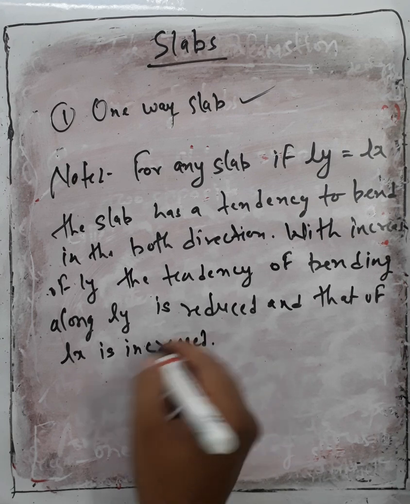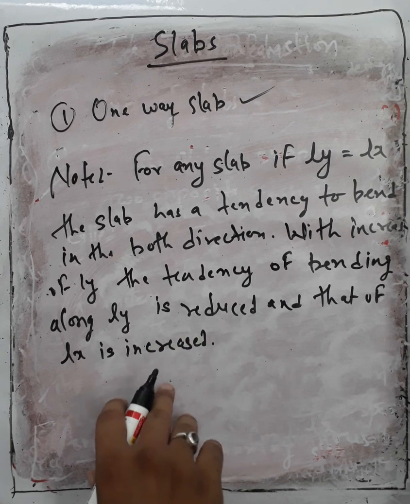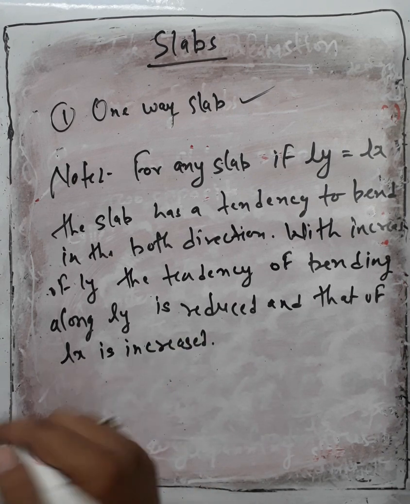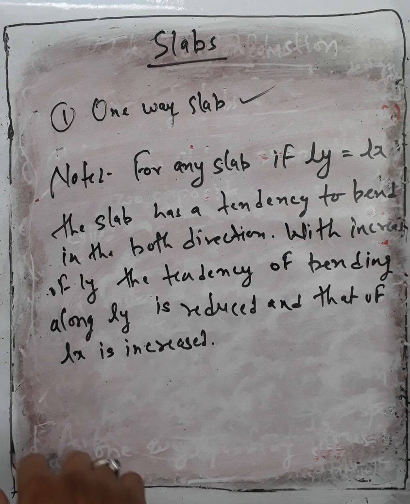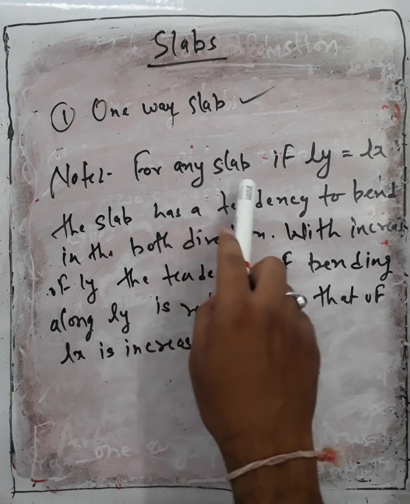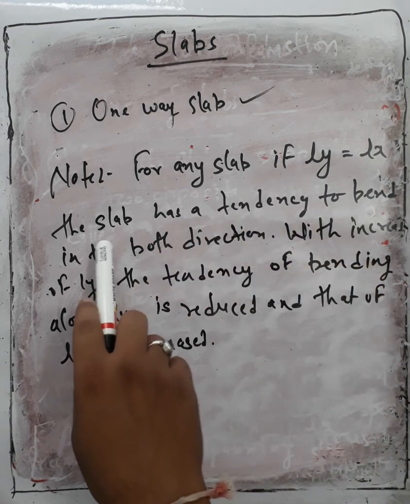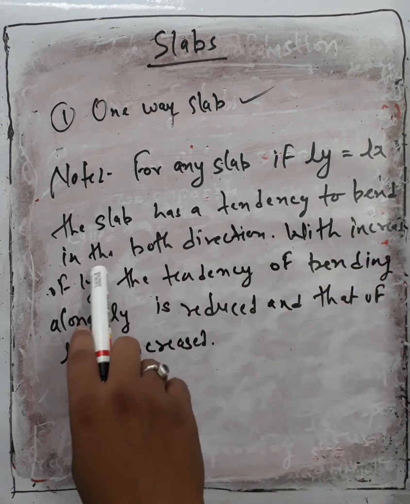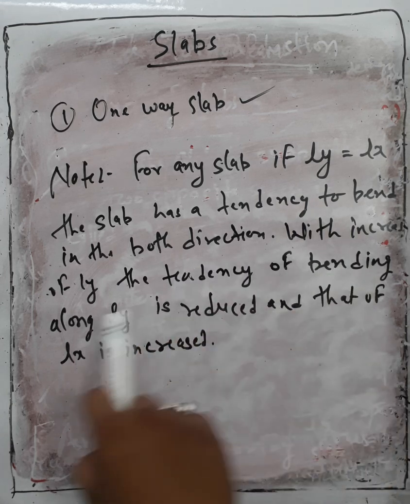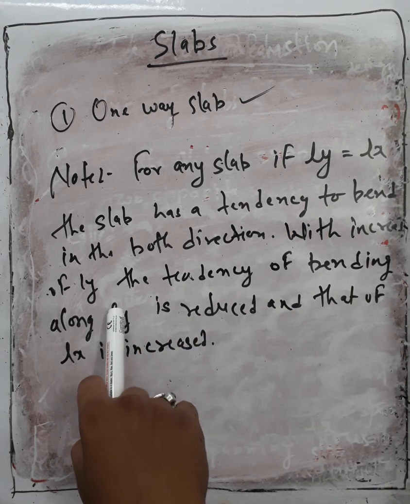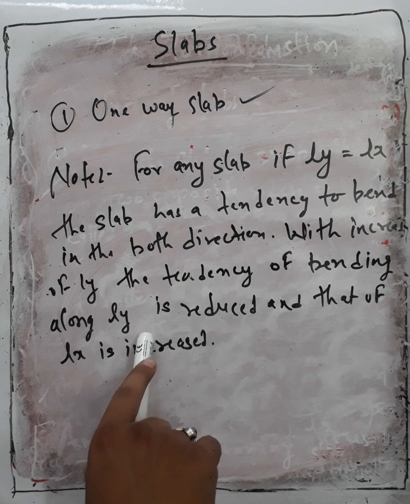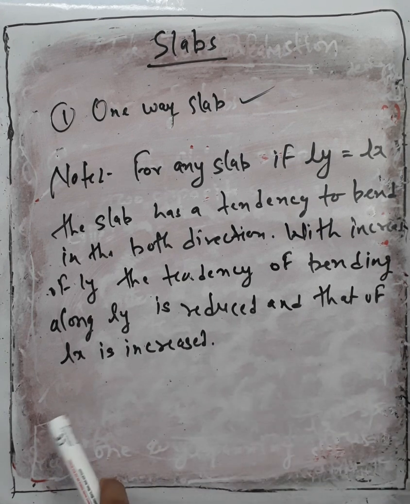This point we write here because it is asked directly in competition examinations. They give us a condition and according to the condition they want the answer. So if Ly is equal to Lx, then the slab has a tendency to bend in both directions. With increase in Ly, the tendency of bending along Ly is reduced and that of Lx is increased.